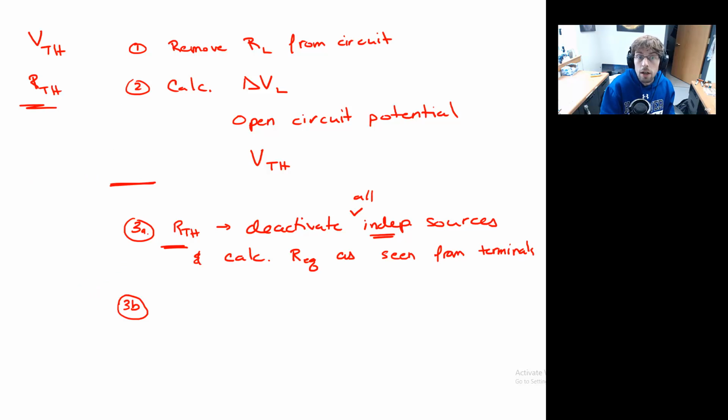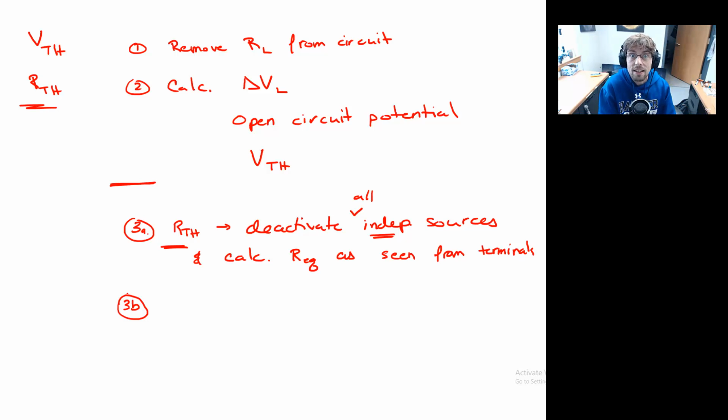Another way to get the Thevenin resistance is to think and use Ohm's law. We already have the potential drop across the terminals. The other thing that we will need is what is called the short-circuited current. And how does that work?